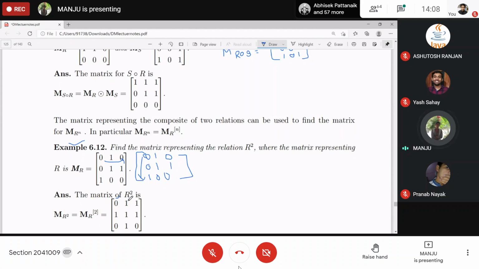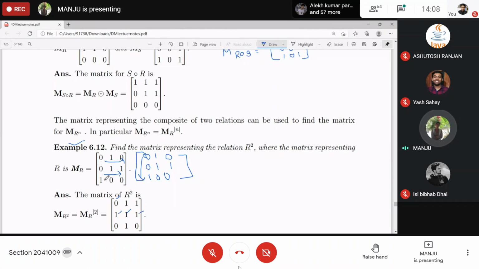This will be giving you 1, and here again 1 we have, so it will give you 1. What about this one? At third position, we have both are having 1, so it will give you 1, right? And here 0, 1, 1, 1. 1, 1 give you 1, so disjunction will give you 1, right?